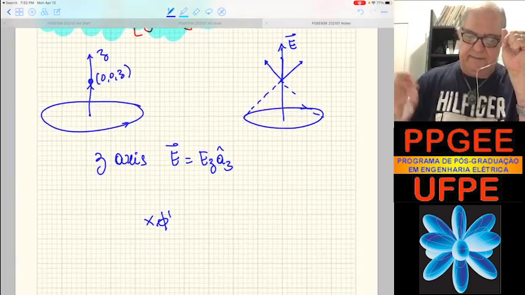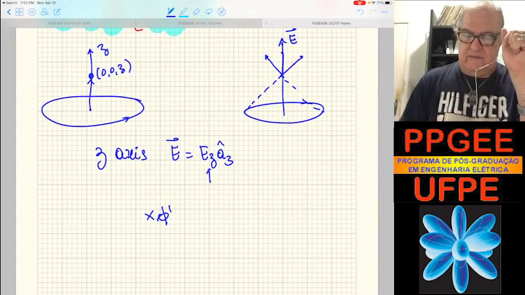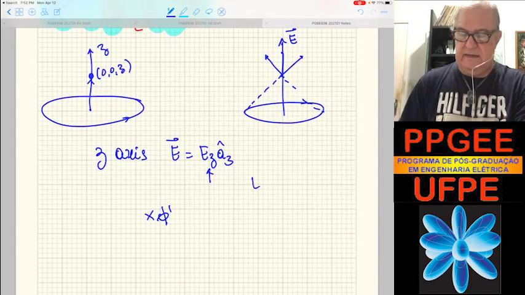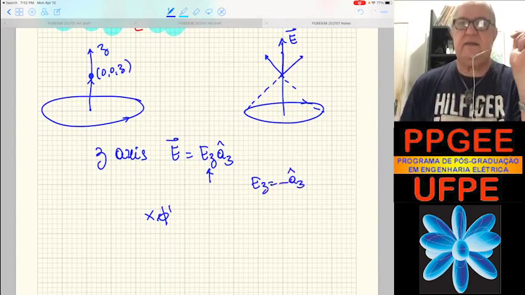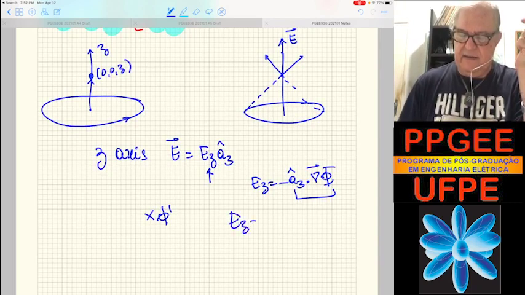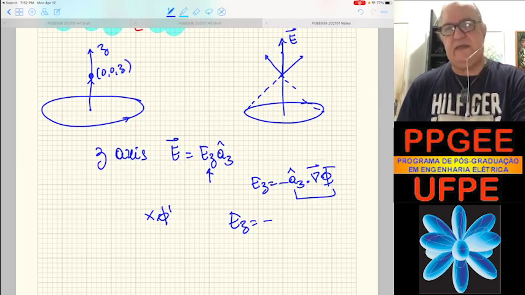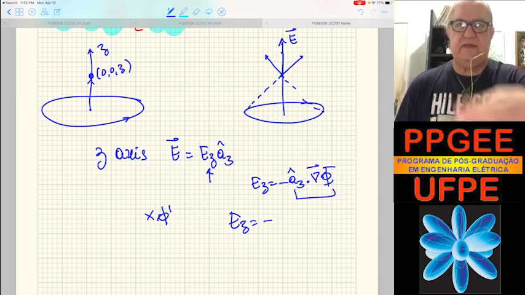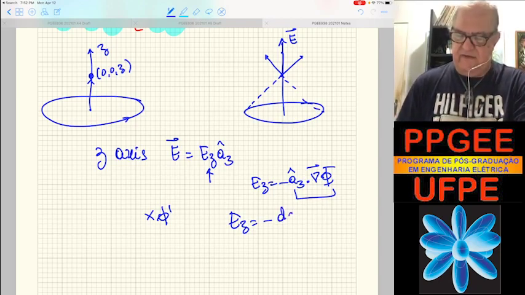So in this case, the z component of the field is the gradient component along the z-axis, right? So this is nothing less than minus the derivative of the potential, since on the z-axis the potential only depends on z, minus d phi dz.